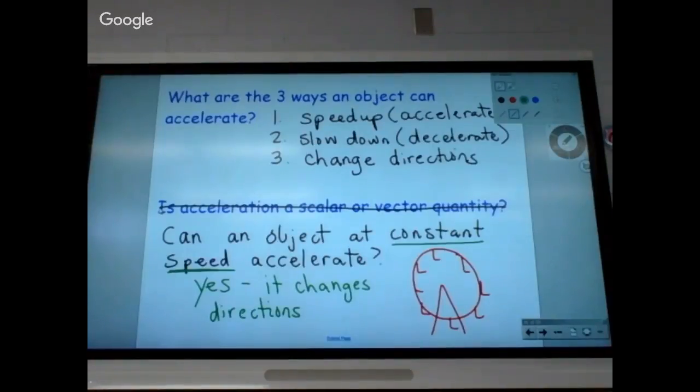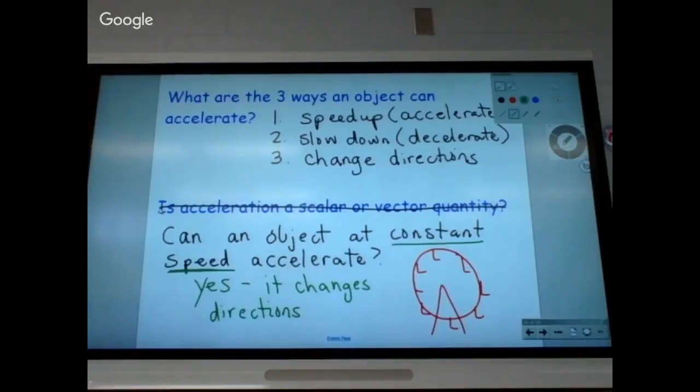When we talk about acceleration, it's not just about speed. Acceleration is also about direction. So, if you change directions, you are accelerating. It's that simple. You do not have to change your speed at all. Whether you are speeding up or slowing down is irrelevant.